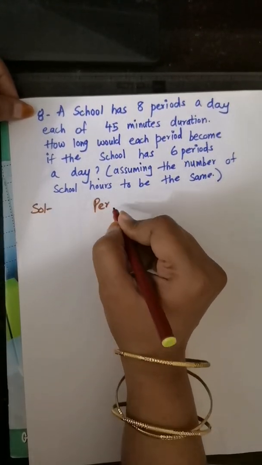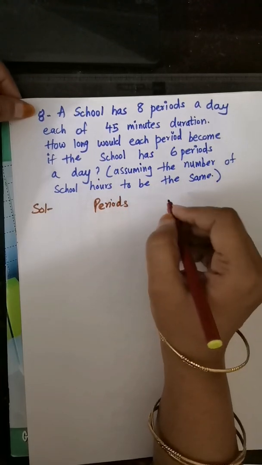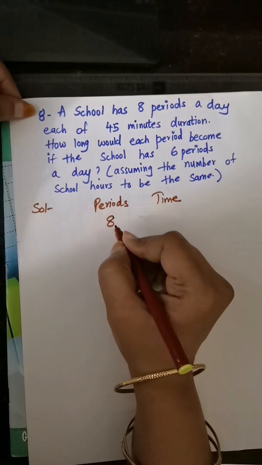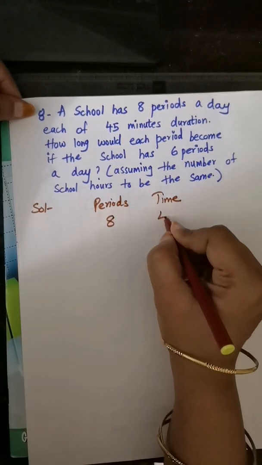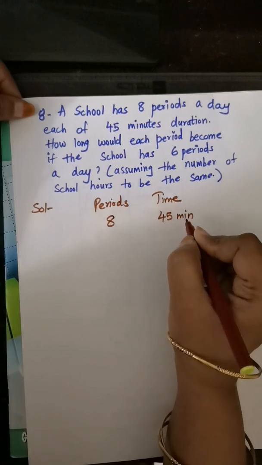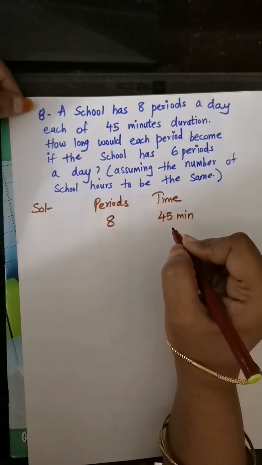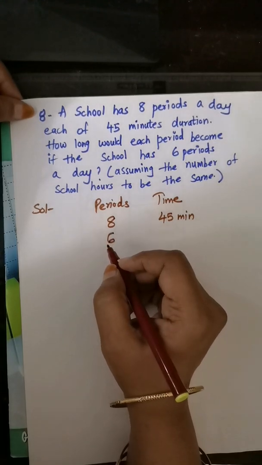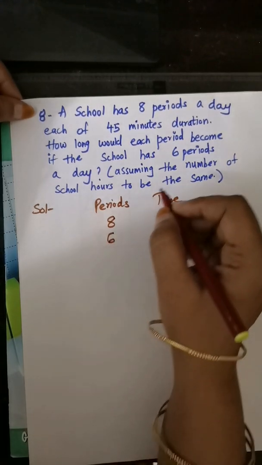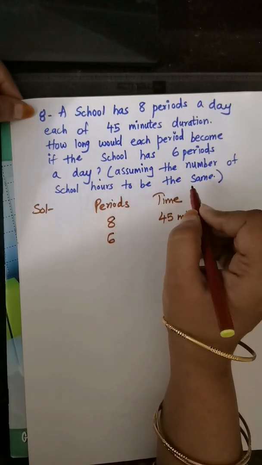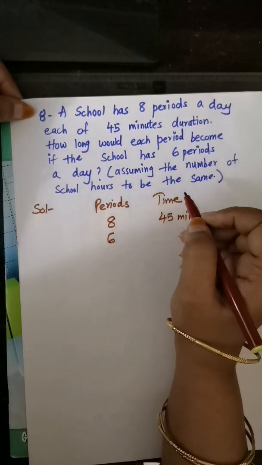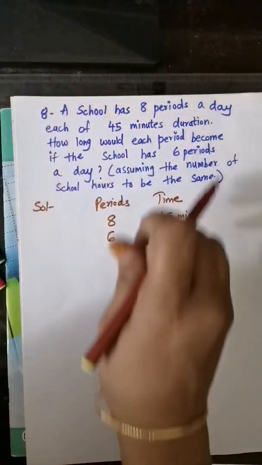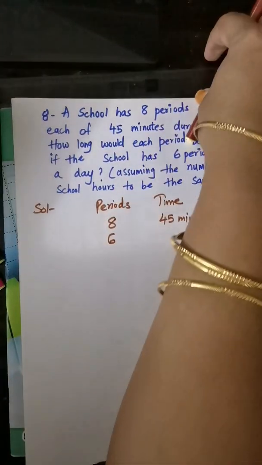How long would each period become if the school has 6 periods a day? We have to assume the number of school hours to be the same. The total school hours will be the same only.